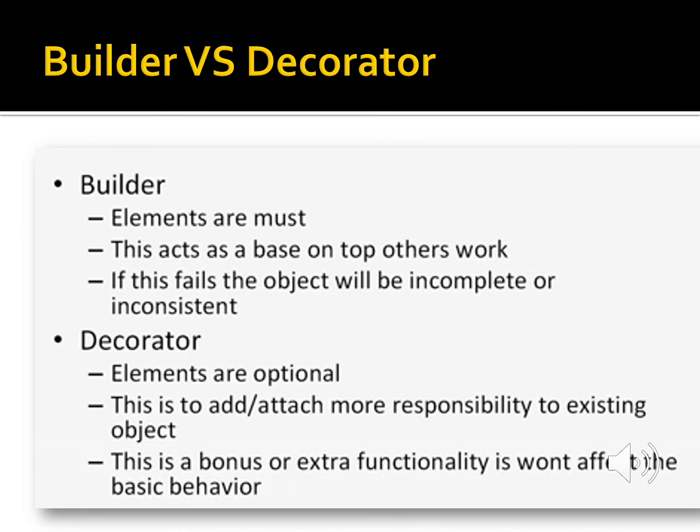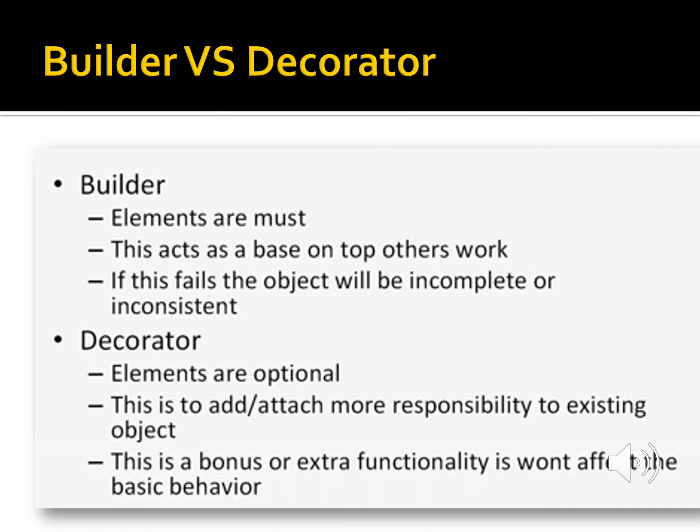So if one item or sub item is missing, the final product will not be built. The object will be incomplete or inconsistent if any sub item is missing. Whereas all the decoration items, combinations, or features inside the decorator design pattern are optional.